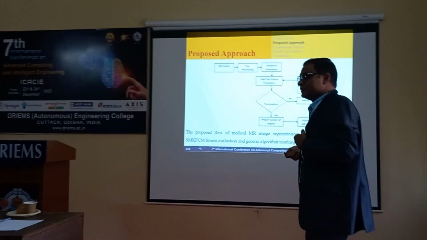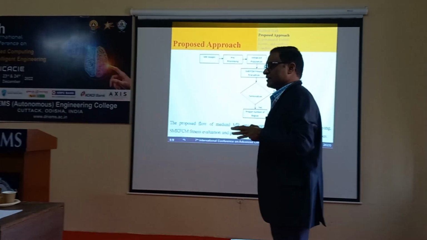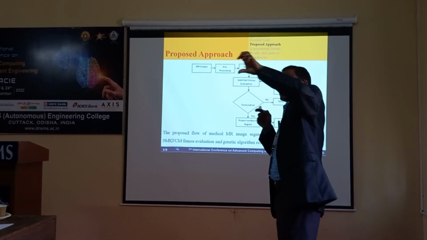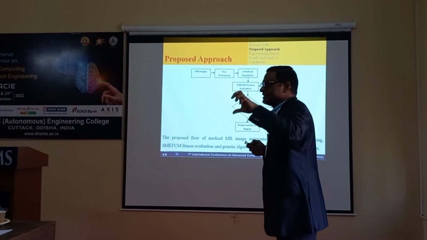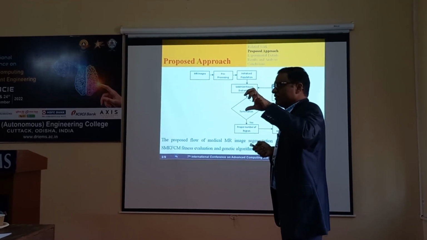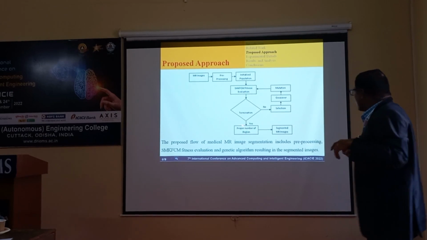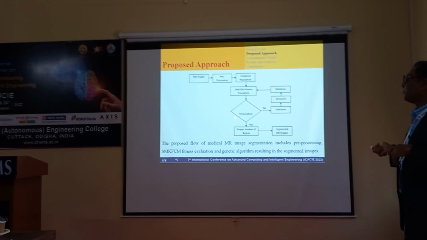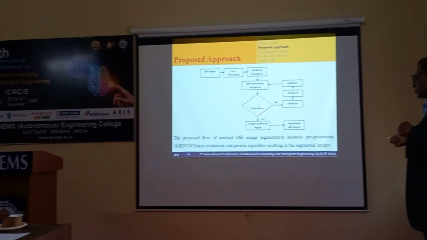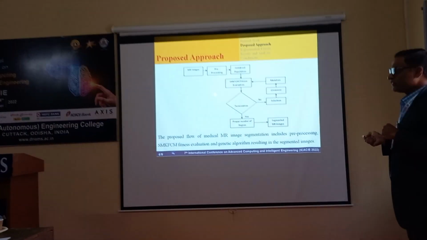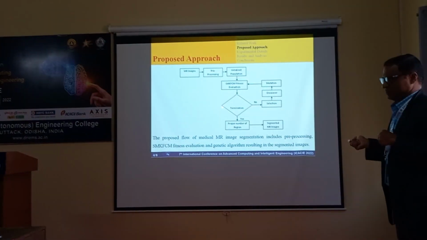Suppose in the digital image, 10 patches will be there. If the sum of the 3 by 3 is 1, then you can say this is a region, a white region, gray region or CSF region. Only then can you conclude the proper number of regions. If it converges, then we terminate. Otherwise, we move through this loop. That is the concept of the genetic algorithm.